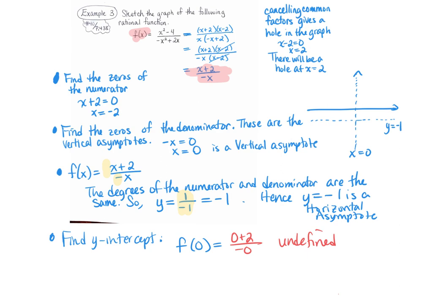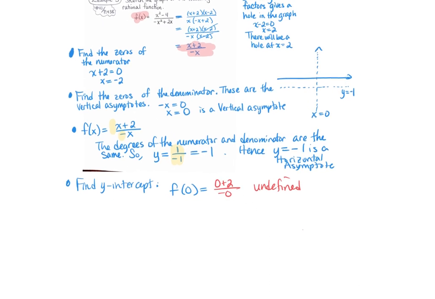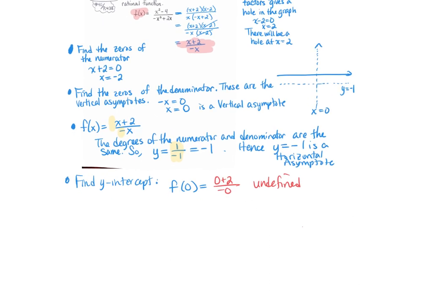And so then what we do is we put our numbers from this step and this step on a number line, and we test points.